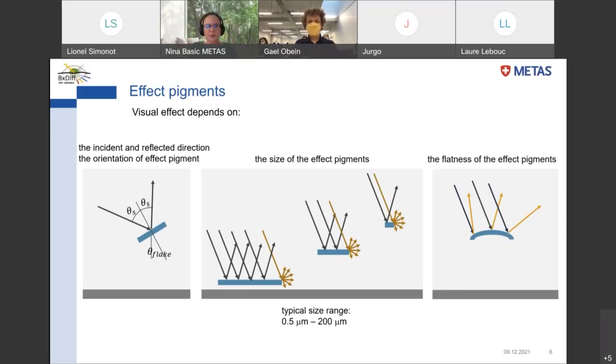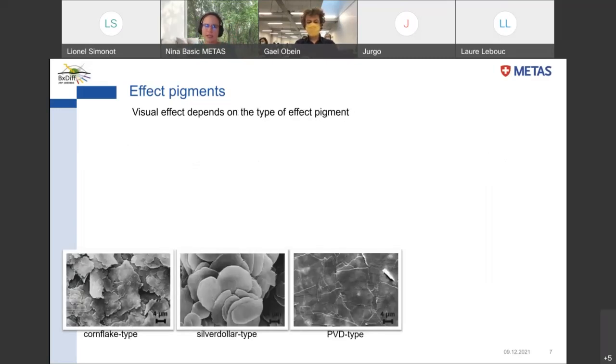Okay, the next thing that the visual effect also depends on is the type of effect pigment. This goes more or less in line with the size of the pigment as well, because here we have 3 different types of this effect pigment, and we can see that the size is different.